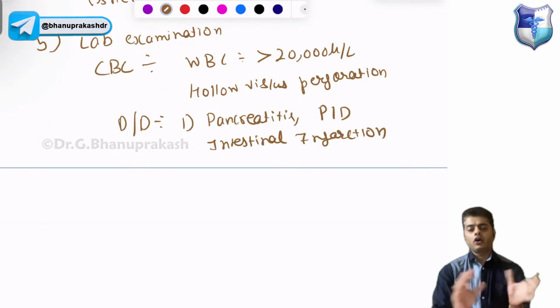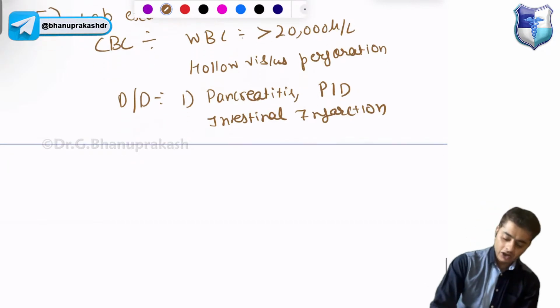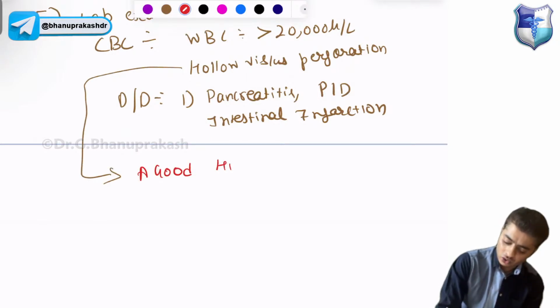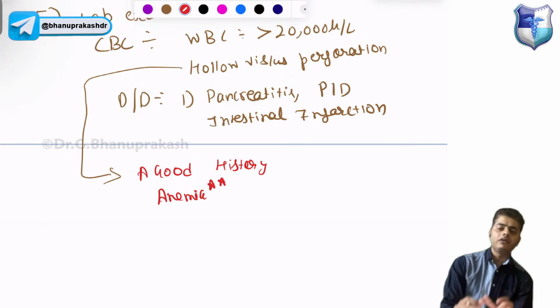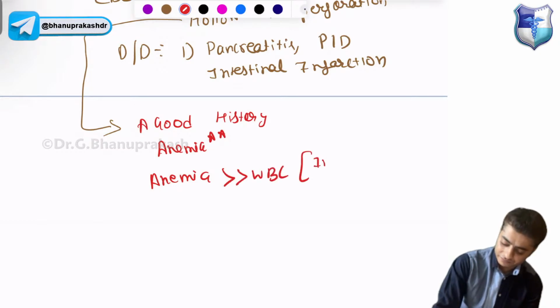Okay, so merely an increase in WBC doesn't tell you there is a hollow viscus perforation. If you take a good history, you will find that these patients generally have anemia also. And what we have found is that anemia is more important as compared to WBC in these kinds of patients.